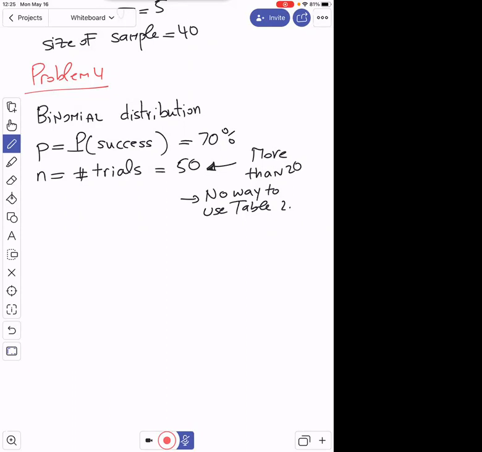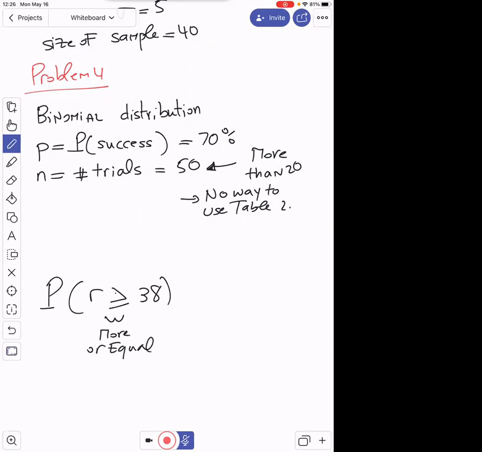So we're going to find the probability that the number of successes is 38 or more, so R is more or equal to 38.